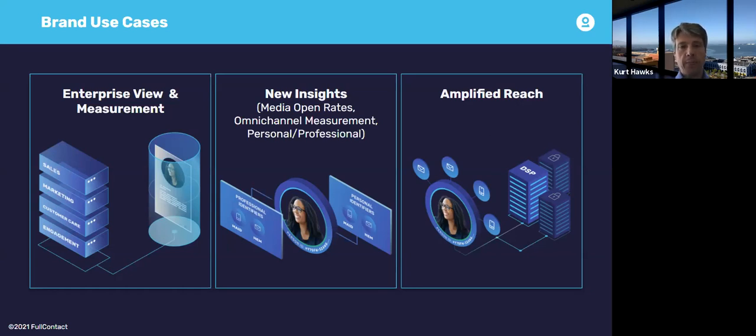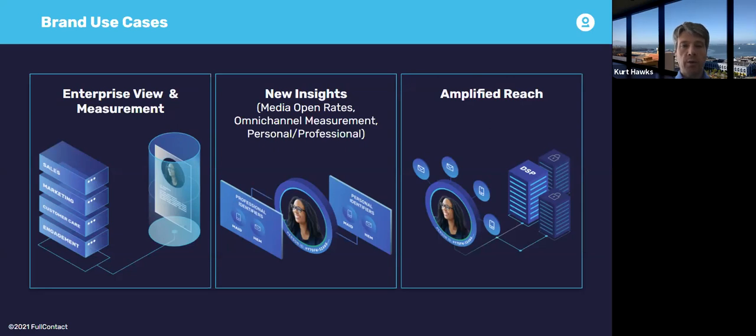If we think about starting from the brand side, we talked about this persistent identification layer across the ecosystem to really provide that enterprise view of consumers to enable better customer experiences and better measurement. That's a key aspect of how we're working with many companies.